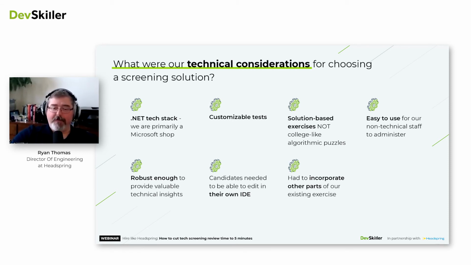And I was really pretty thrilled when I started digging deeper into DevSkiller as a platform and seeing that, yes, it checks all these boxes for us. And I told Aaron back when we were looking through all these, I remember telling her, I was like, hey, I really think this is the one. Let's get a trial going. I just want to jump into it and get started. And I'm glad we did because, wow, it just really met the mark on a lot of things.